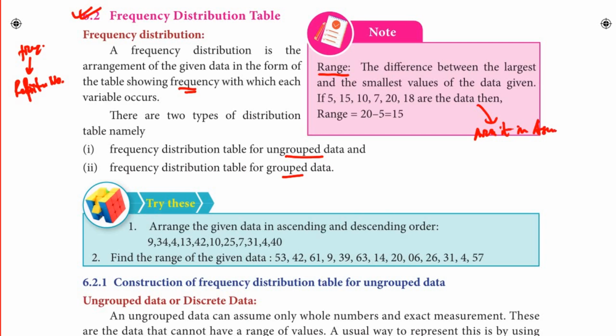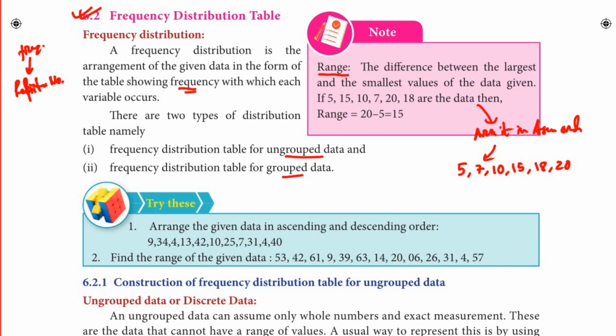You can also do this in descending order, but better arrange it in ascending order. So, if I do that, then I will get 5, 7, next 10, next 15, next 18, next 20. Now, after doing that, just count how many numbers there are: 1, 2, 3, 4, 5, 6.